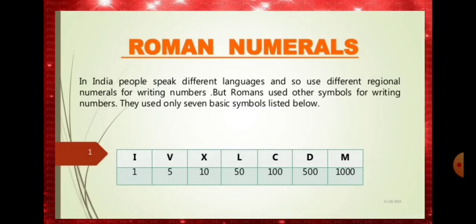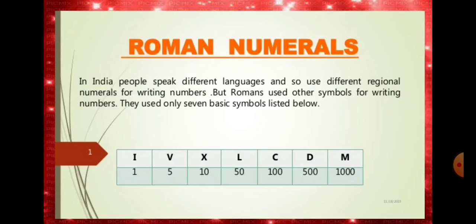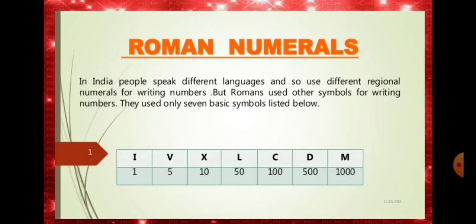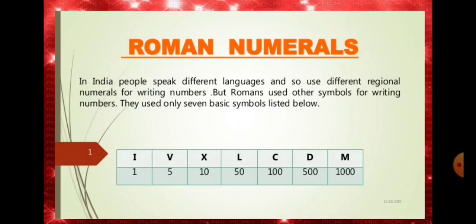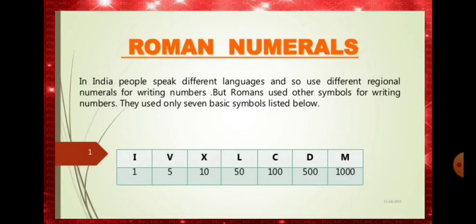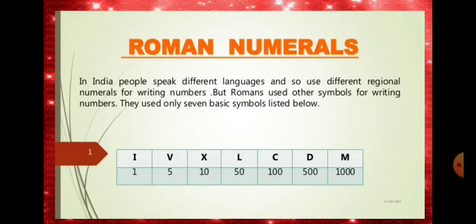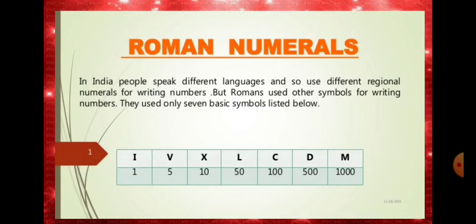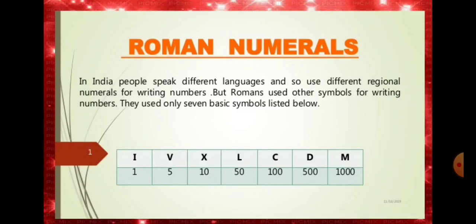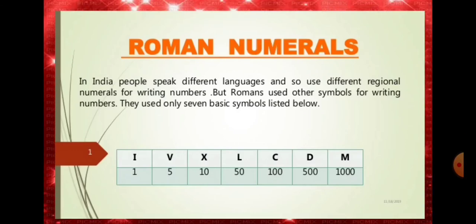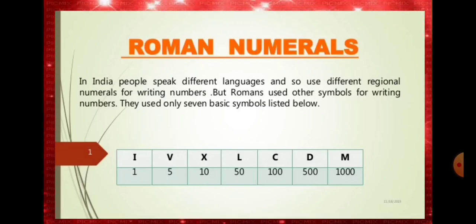I used for 1, V used for 5, X used for 10, L used for 50, C used for 100, D used for 500, M used for 1000. These are the 7 basic symbols which were converted into numbers.